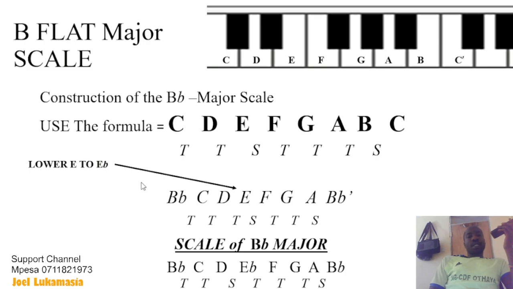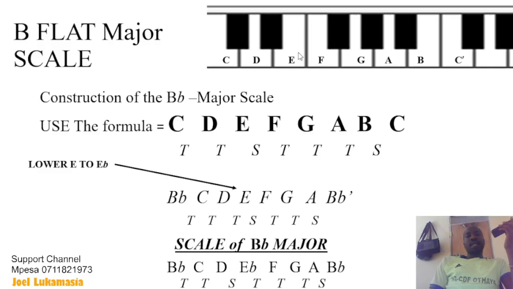Now to construct the scale of B flat major, you'll notice that we are having a problem at E, because from D to E it is a tone and it's supposed to be a semitone. So you're going to lower E to E flat. So it becomes B flat to C a tone, C to D a tone, D to E flat a semitone, then E flat to F a tone.